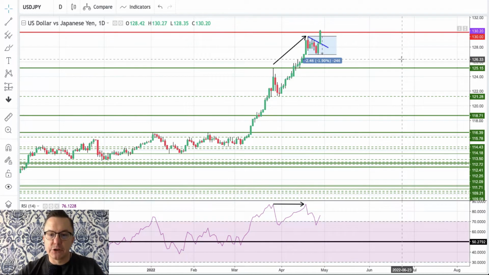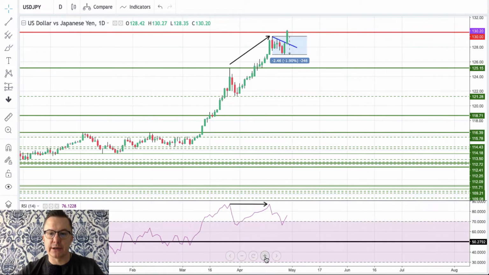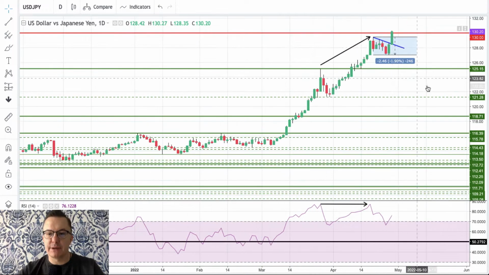Daily time frame chart of the US dollar to the Japanese yen is behaving just as we thought. After 1.9% of the correction that's supposed to be in the shape of the triangle, we have a breakout first. Bullish engulfing pattern was made here.